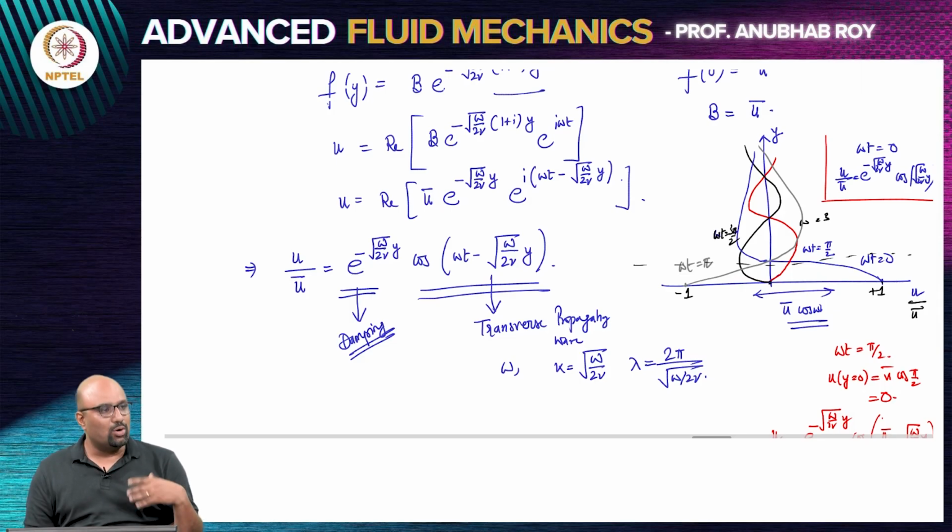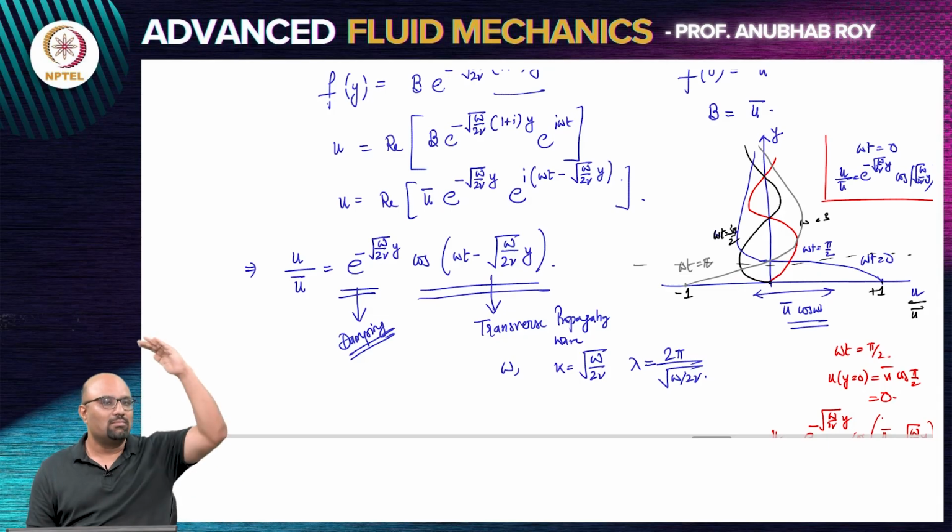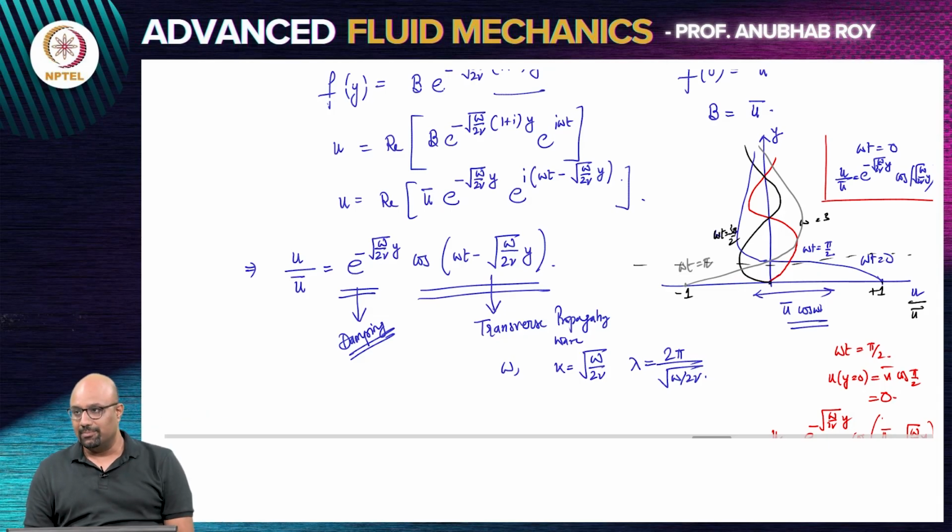So as time progressed, the region which was set into motion was constantly increasing. That's not what is happening here. Here, once you have waited long enough, you will see this kind of oscillatory behavior, and the penetration of momentum remains fixed. It doesn't diffuse any further.